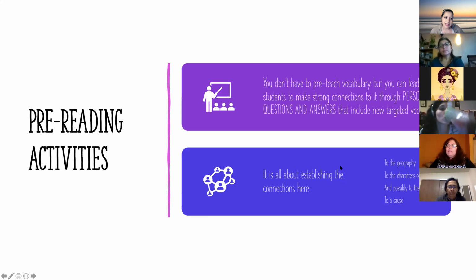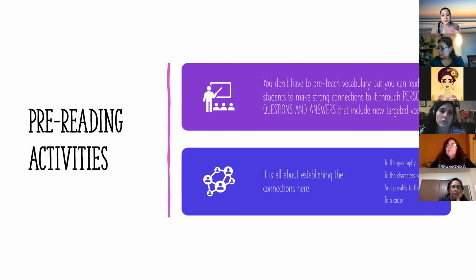Okay, the other thing that we want to keep in mind is that pre-reading activities are more about connecting the students to the geography of the country they're going to be studying, because many times, yes, they might have learned all the countries and all the capitals and all the flags in Spanish 1, but what do they really know about that country? Do they even remember that? So that's why I absolutely love teaching with novels, because the students get so connected and so invested with that particular country during that entire time.